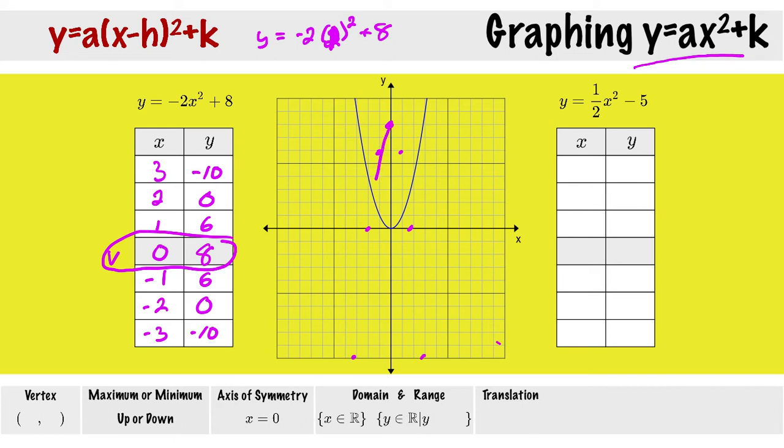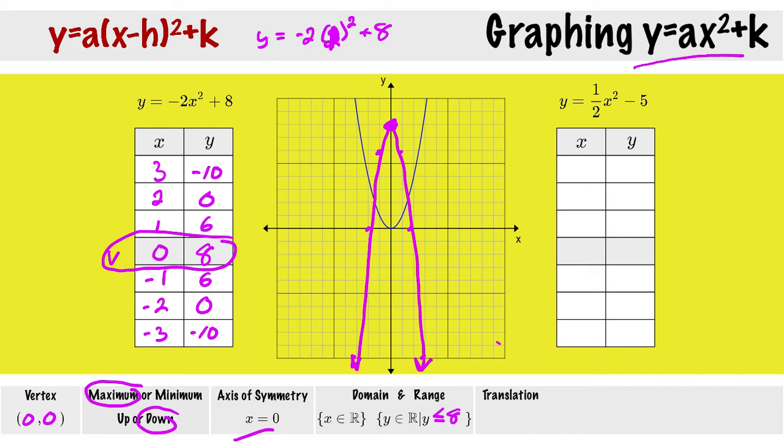Using the axis of symmetry and the mirroring effect makes it fairly quick to graph once you have your coordinates. We're talking about the vertex. Axis of symmetry is still the same. Y is equal to or less than 8.